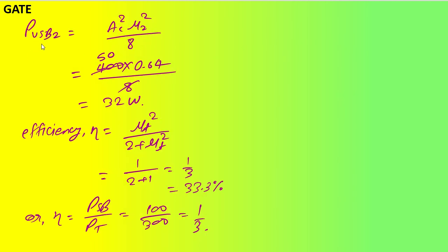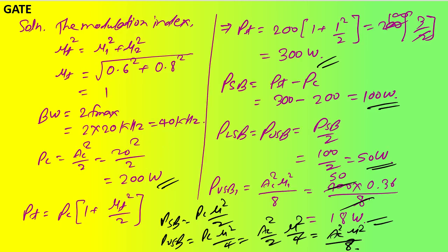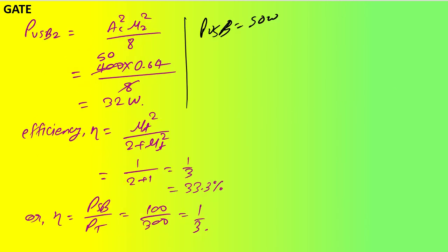What about USB 2? AC square into mu 2 square by 8, that is 32 watt. You can see the total USB power was 50 watt, right? So USB 1 is 18 watt, and for USB 2 you don't have to calculate using this formula; you can calculate USB 2 as total USB minus USB 1, that will be 32 watt.